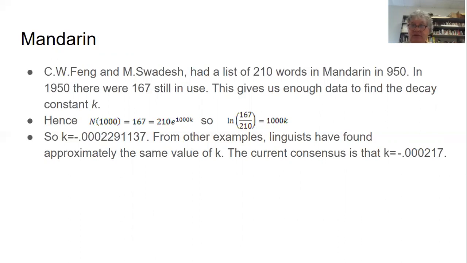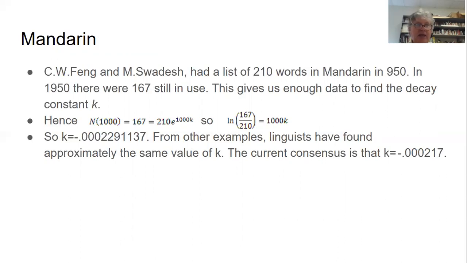But notice if we've got two points, this is enough data to find the decay constant. So we know that n of 1,000 is going to be 167, the words still in use, and that equals 210, the original list, times e to the 1,000, because it's 1,000 years, times k. We can solve that by taking natural logs, and we get natural log of 167 divided by 210 equals 1000 k.